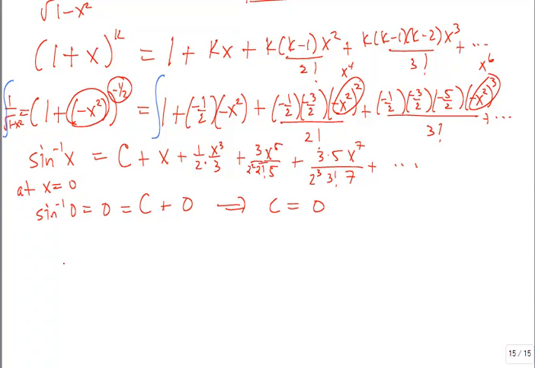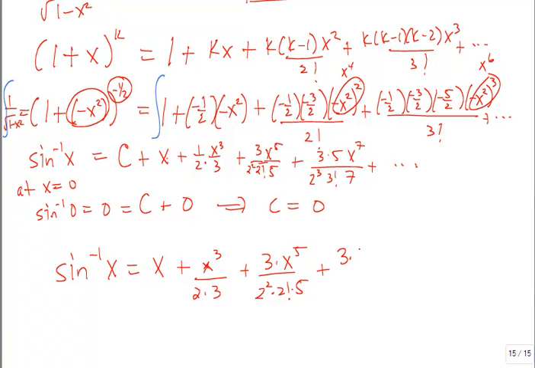So that means our power series for the inverse sine of x is going to be just this: x plus x cubed over 2 times 3, plus 3 times x to the 5th over 2 squared times 2 factorial times 5, plus 3 times 5 times x to the 7th over 2 cubed times 3 factorial times 7, and so forth.